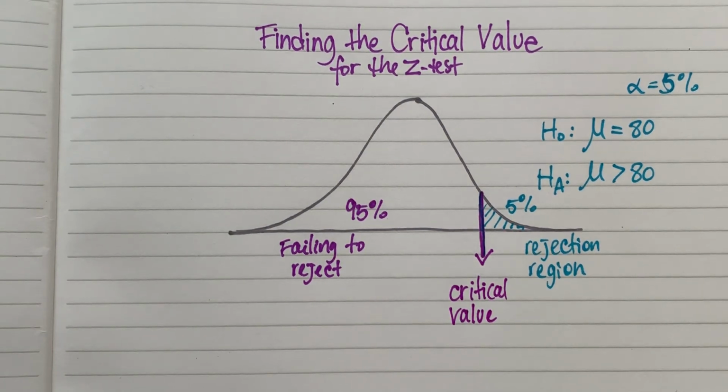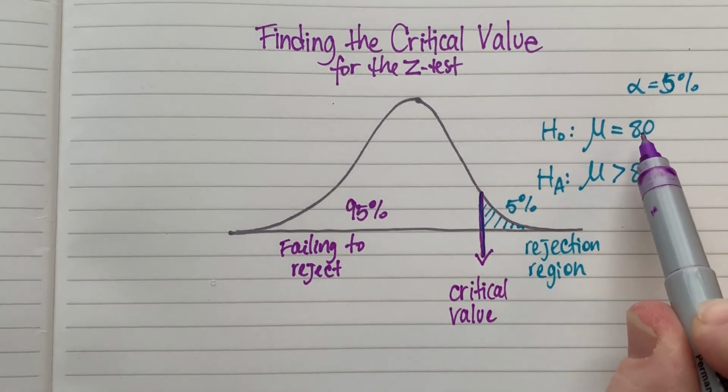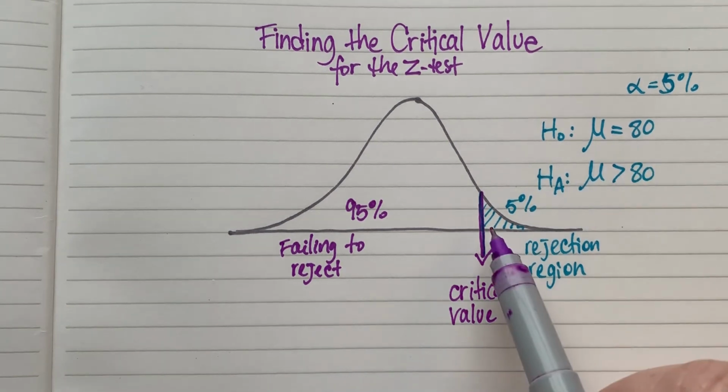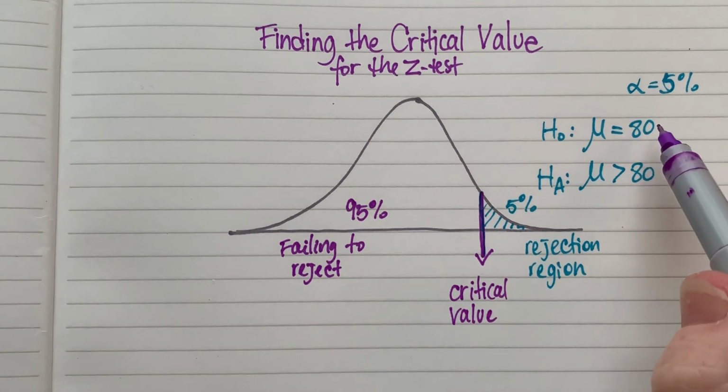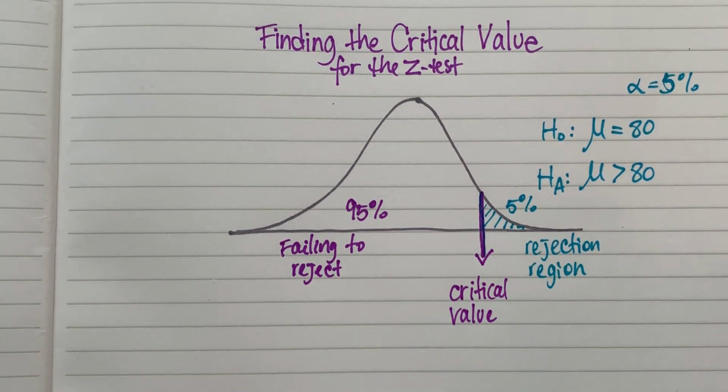Sometimes we'll also call it CD. As long as I am clearing that value and ending up in this region, I am going to reject my null. Once I'm past my critical value, I am going to reject. Now you ask me, what happens when you are exactly on the critical value?